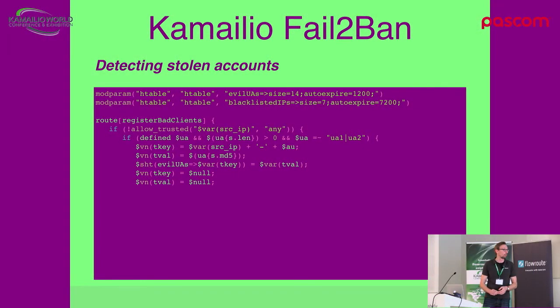And there's another route that gets called on each register, and it checks whether the user agent is one of those that we have identified to be used by fraudsters. And after that, we insert an entry into this hash table with the combination of the source IP address and the username.